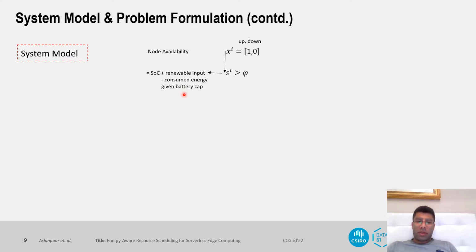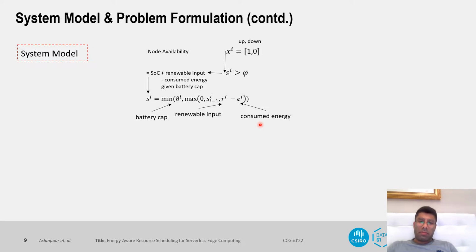We model it like the following, where the most important part is the consumed energy, that is a matter of consumed resources and communication cost.